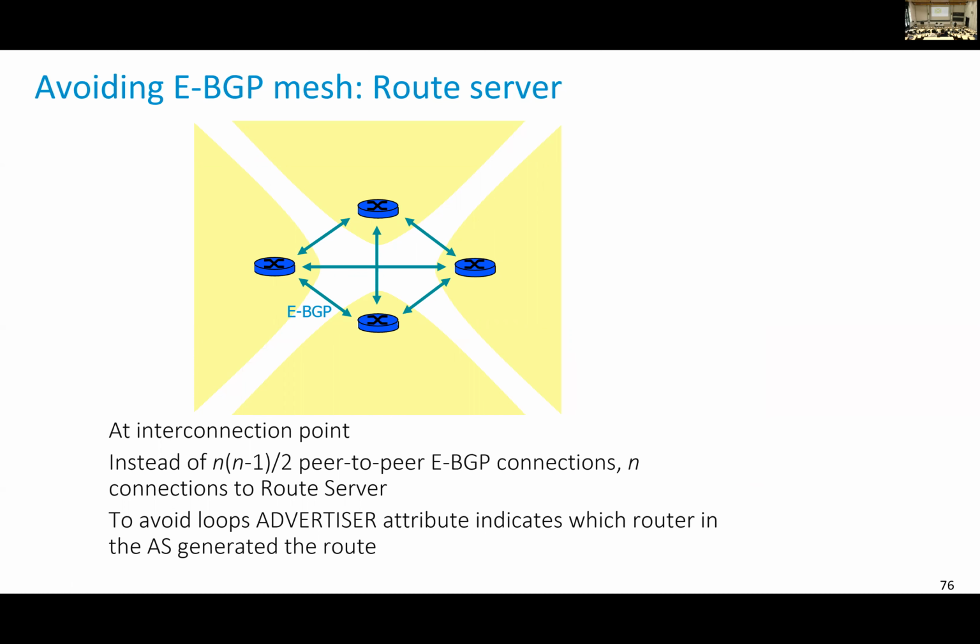We have a lot of BGP interconnections. So this is taken care of by having what are called route servers. A route server is one BGP router that plays the role of a mailbox. So if I want, as a provider, to interconnect to the 20 different providers that are in this room, I send my messages to this one, which will send them to each of the 20 providers here.